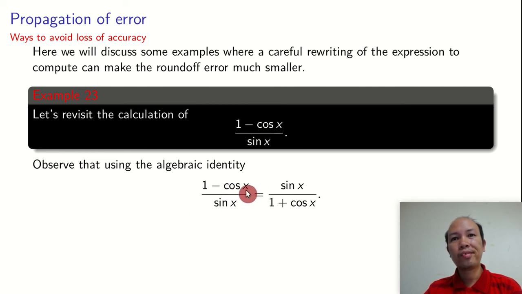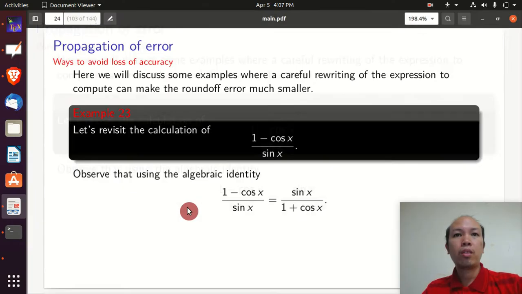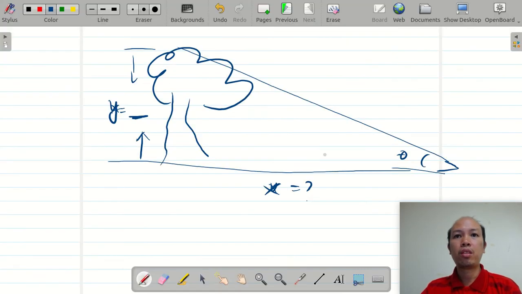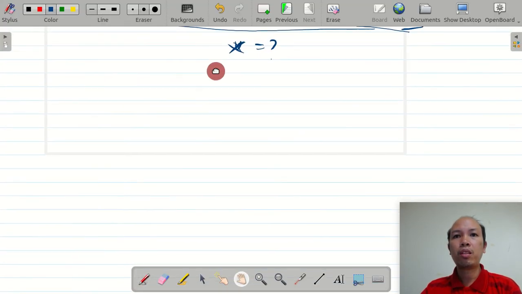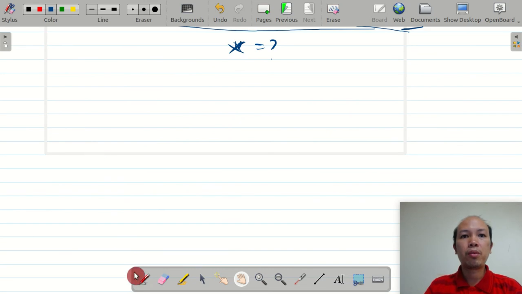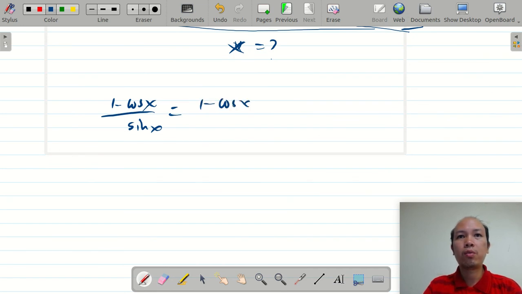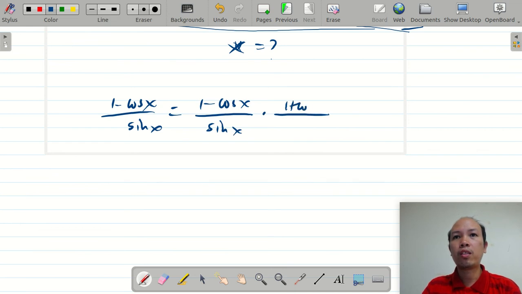Rationalizing the numerator, to arrive at this form. I don't know if you remember your algebra. 1 minus cosine x over sine x, you can write it in this form, multiplying by 1 plus cosine x over 1 plus cosine x.